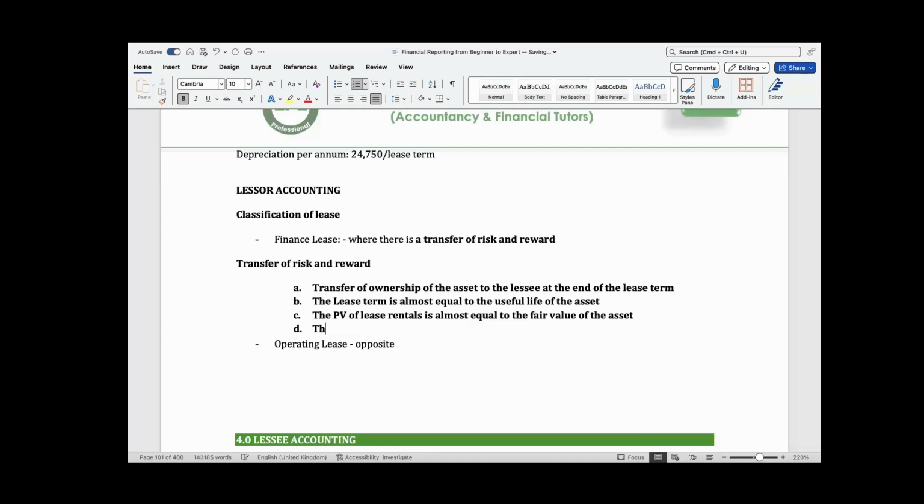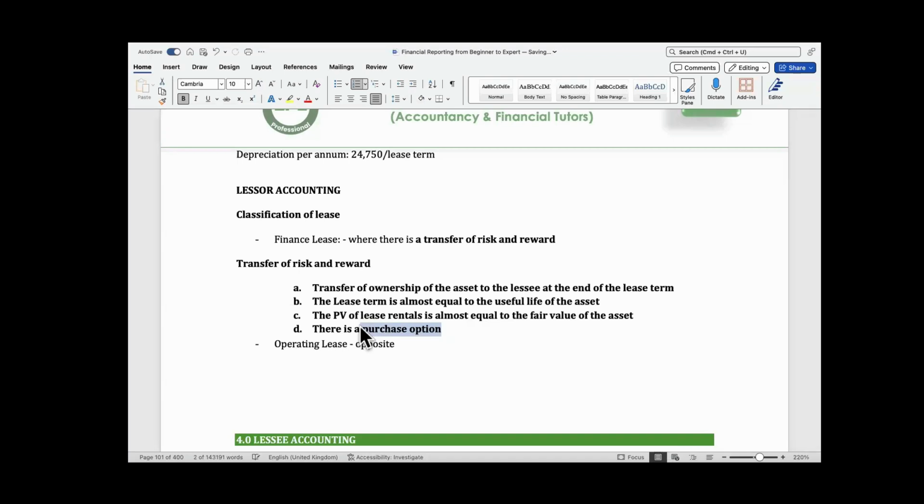Another one is where there is a purchase option. That's also an indicator. When we say purchase option, we are talking about an option given to the lessee to buy the assets at scrap. Purchase options are always very low.